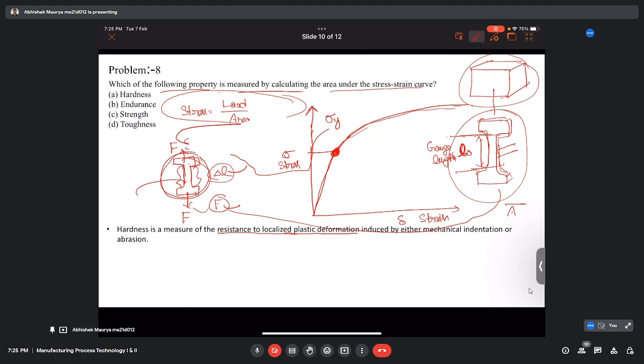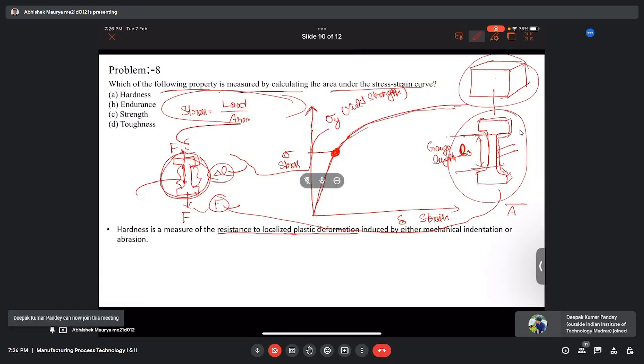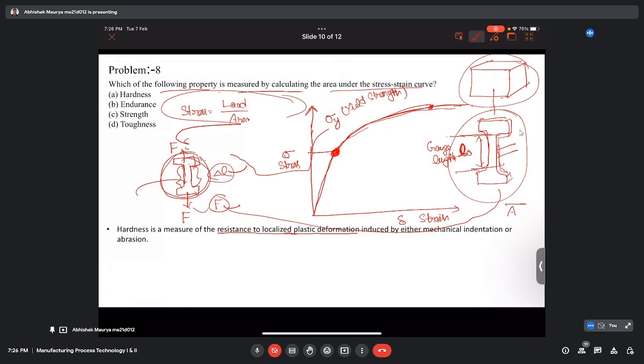So this is the yield stress, yield strength, and there is a peak of the stress value that is called ultimate tensile strength or UTS.